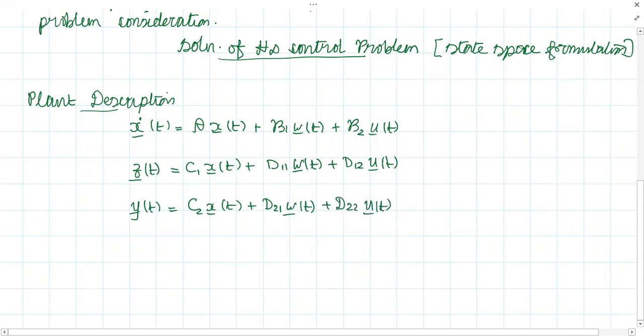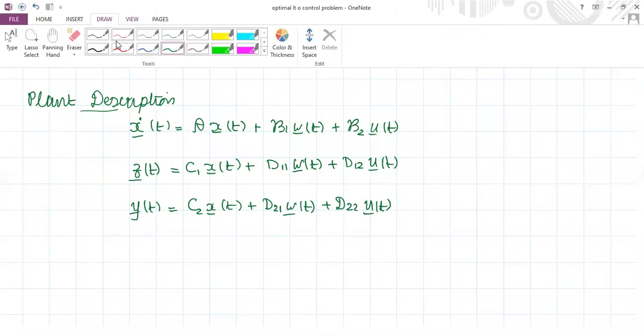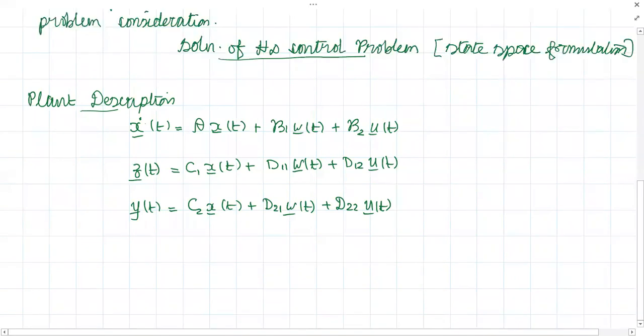Suppose this x is an n by 1 vector, with n rows and 1 column. And Z is a p1 cross 1 vector. It has p1 rows, and y has p2 rows and 1 column.